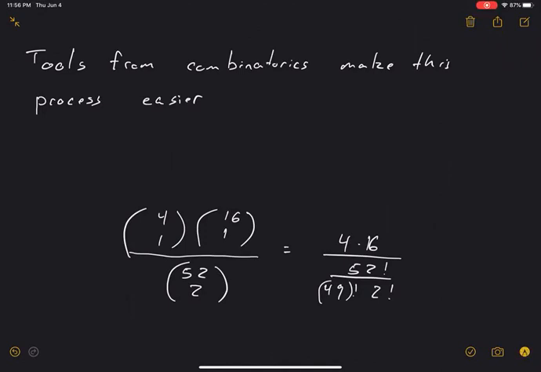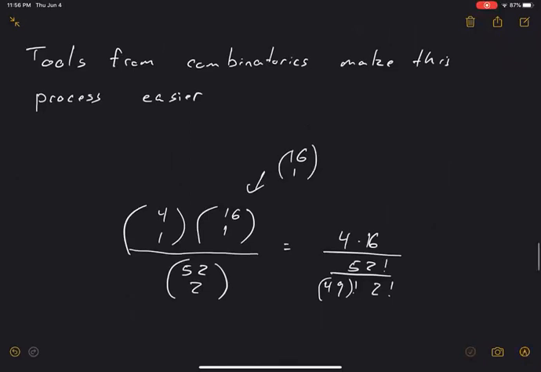And the number of ways to choose one ace and one 10 valued card is 4 choose 1 times 16 choose 1, where 16 choose 1 is the number of ways I can choose one 10 valued card from the group of all my 10s, jacks, queens, kings.